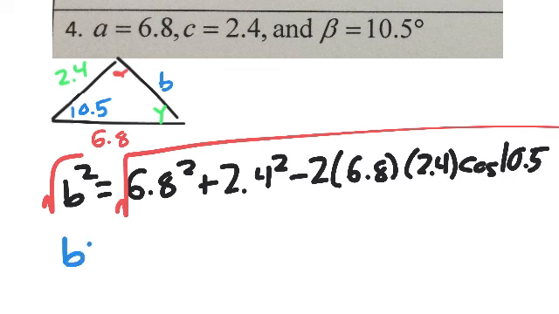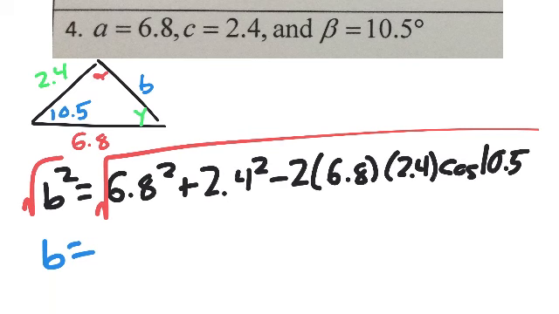And so when I do that, that's going to give me b equals the square root of 6.8 squared plus 2.4 squared minus 2 times 6.8 times 2.4 times cosine of 10.5. So I found b is equal to 4.5.